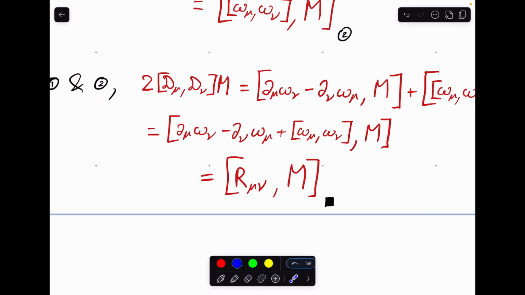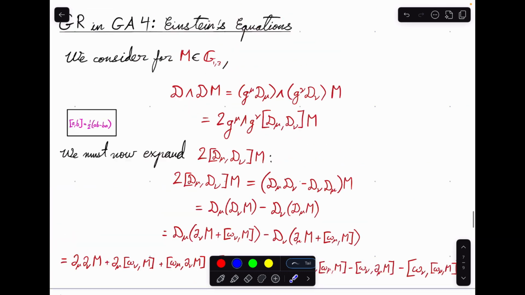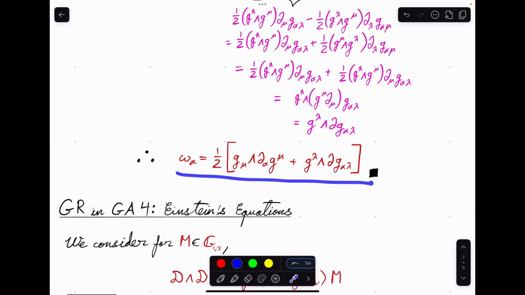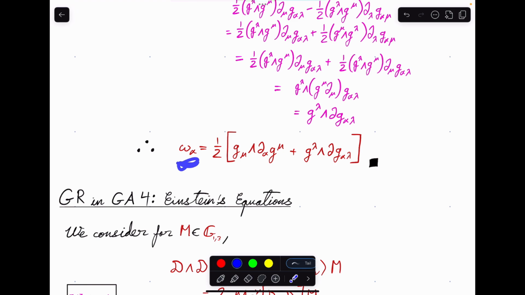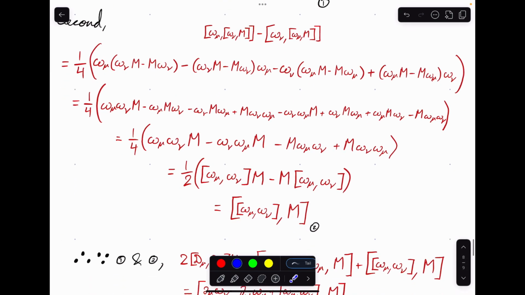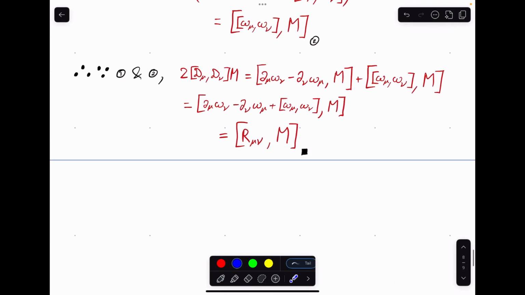And you can recall from the past video, where these omegas were telling you how the coordinate frames were changing. So these contain the curvature in them. They don't give you the curvature directly, but they contain the information of the curvature.